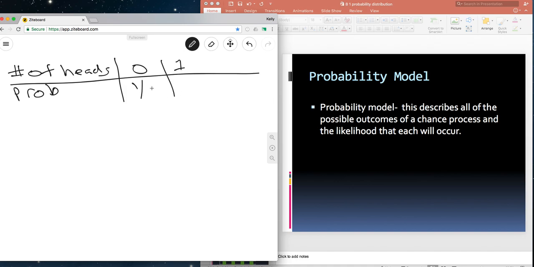And the probability of each is just 1/2, because if you got tails, that would be 0 heads, and that would be half of a chance, or 50%, and 1 head would be 50% as well. So a probability model usually looks something like this, and of course it can be longer. We may have more options, and the probability down here always needs to add up to 100%, or 1 if you're just doing fractions, like 1/2 plus 1/2 is 1.